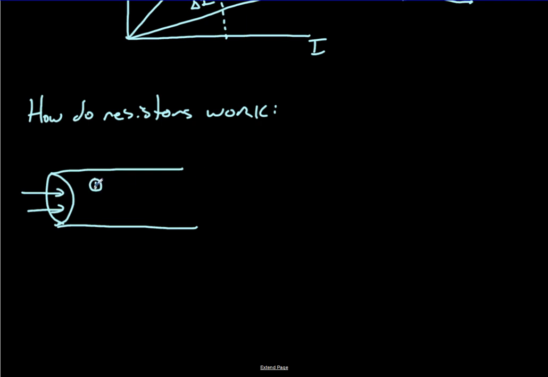Remember, in reality, if this is a piece of wire, you have delocalized electrons, and if you apply a push, in other words, if you force electrons in at one end, really what's happening is they're reacting to a field, but you can imagine it as pushing electrons in at one end.